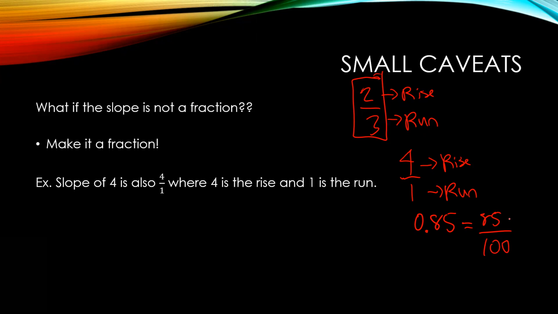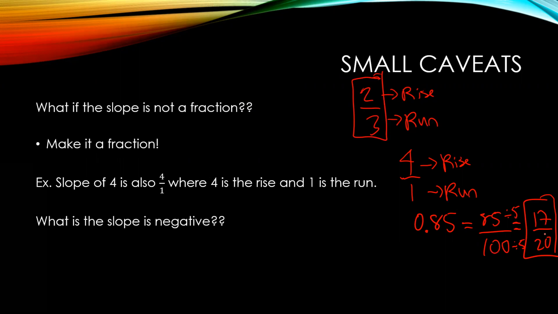And then of course I can change this into a fraction in lowest terms. So I can divide by 5, and this would end up giving me 17 over 20. So this is an example of how we could switch from a decimal to a fraction if you have to do that. Although this isn't very common, it does occur every now and then. So if you do have a slope that is a decimal, it's preferable that you try to switch it into a fraction.